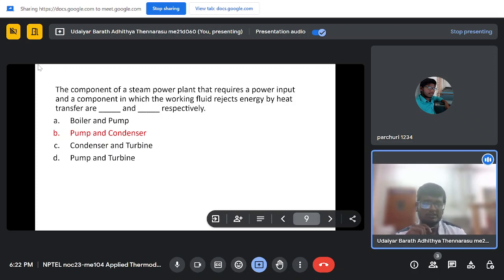So you have to give in some amount of work. What you do is you give in electrical energy. It will drive the motor, and the motor will drive the pump. So that's why you give in power, because without power the pump cannot run. So the options are pump and condenser. Okay.